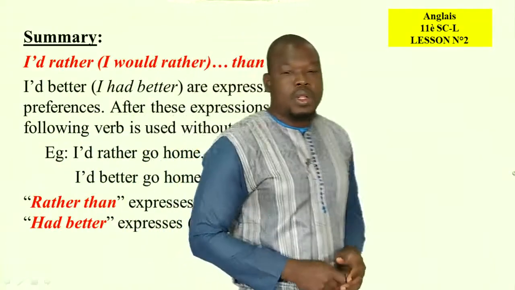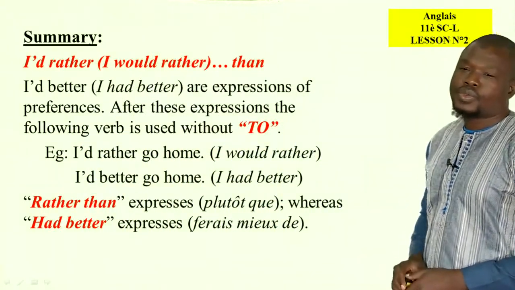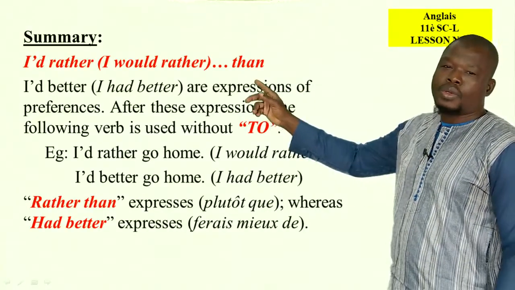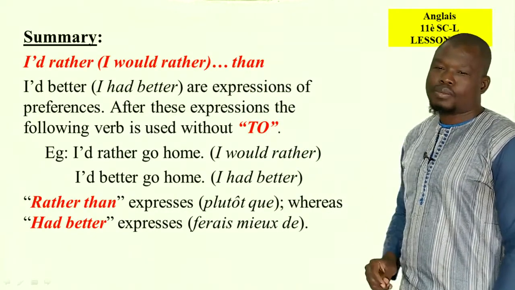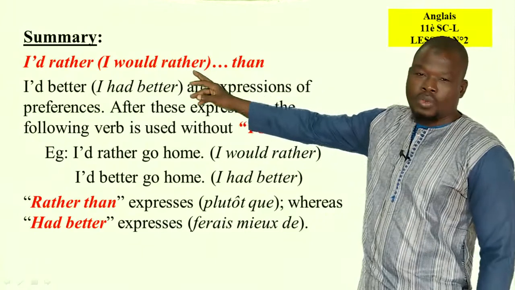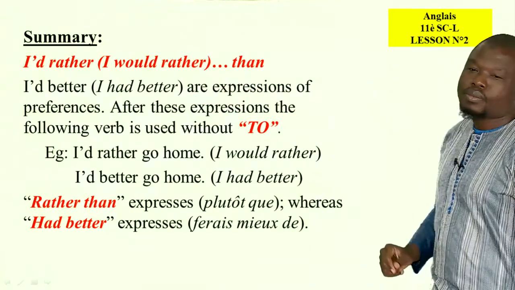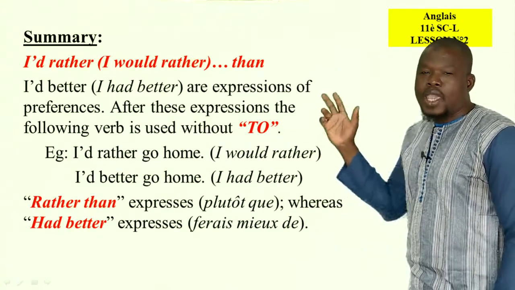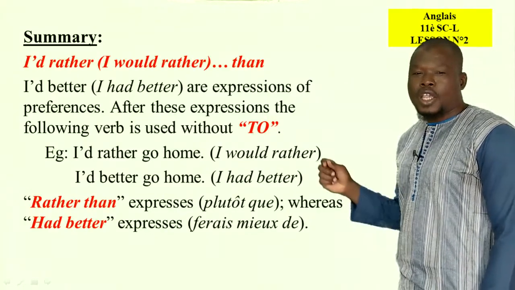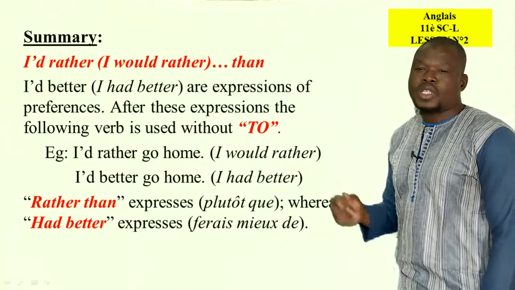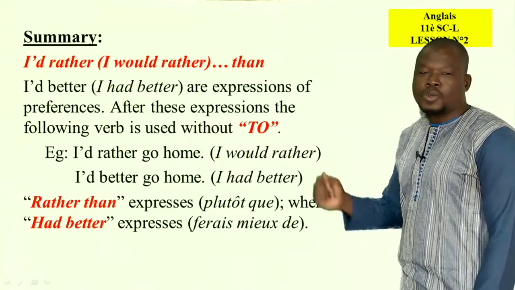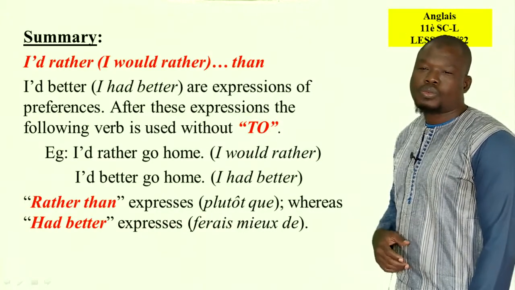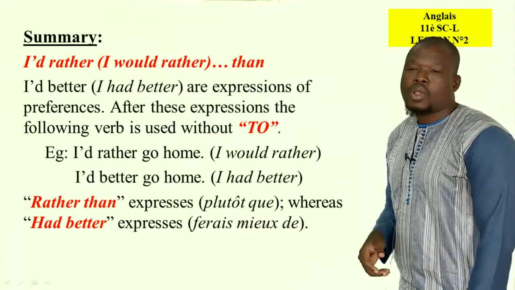Okay, let's come to the summary. I'd rather or I would rather dot than. The dot is for this one and than. I'd better, that means I had better, are expressions of preferences.